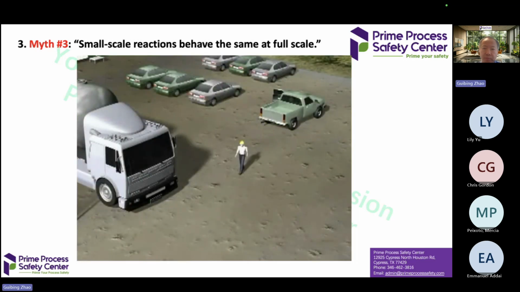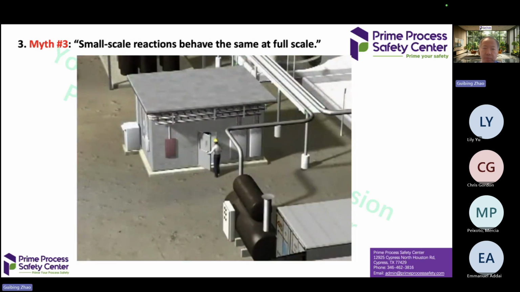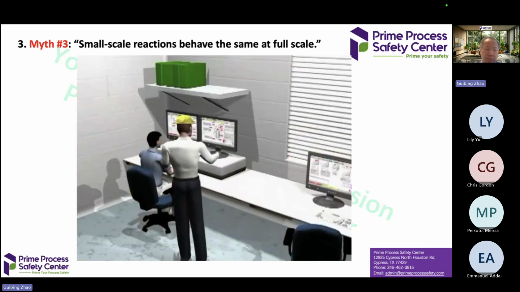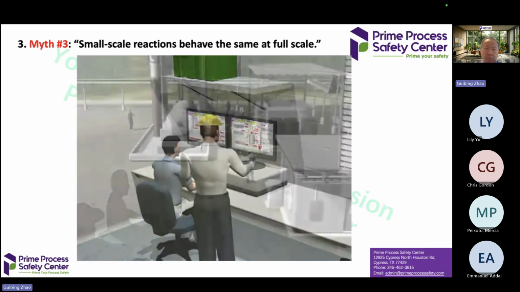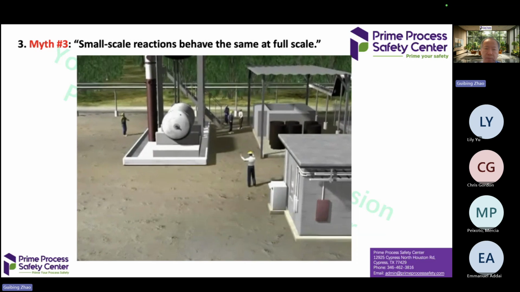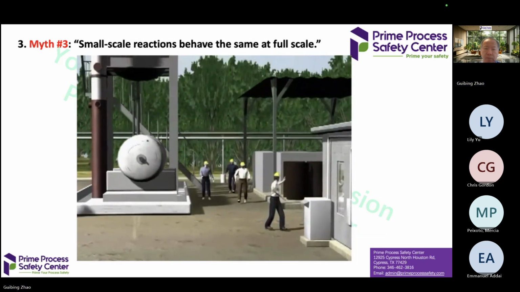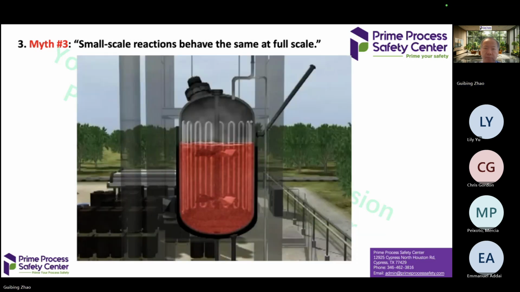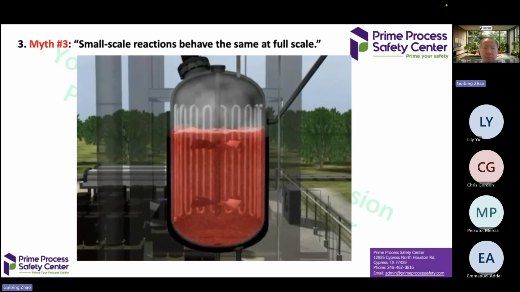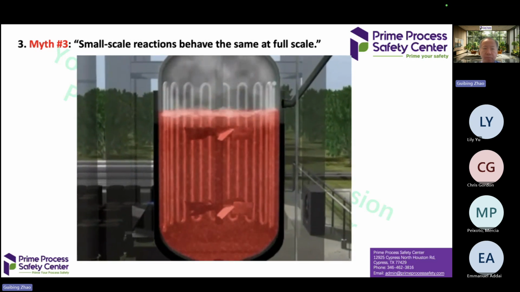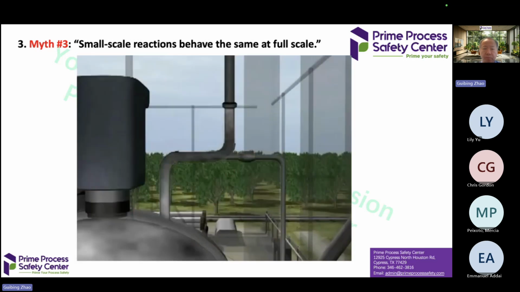While one owner searched for the plant mechanic, the other went to the control room. Concerned about a possible fire, he warned employees to move away from the reactor. Inside the reactor, the pressure was still increasing, reaching 400 pounds per square inch and boosting the rupture disk.